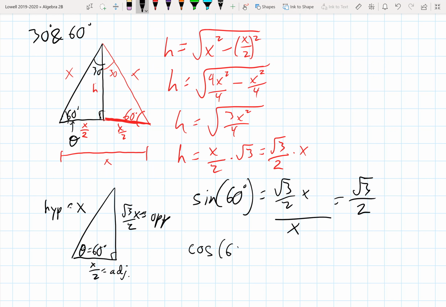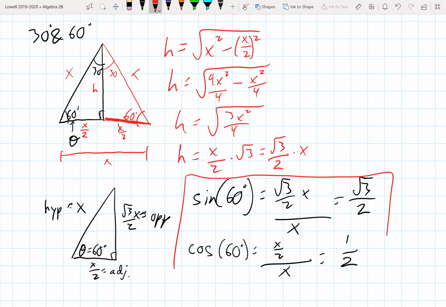Likewise, cosine of 60 degrees is equal to x over 2 divided by x, which simplifies to 1/2. And so that's sine and cosine of 60 degrees.